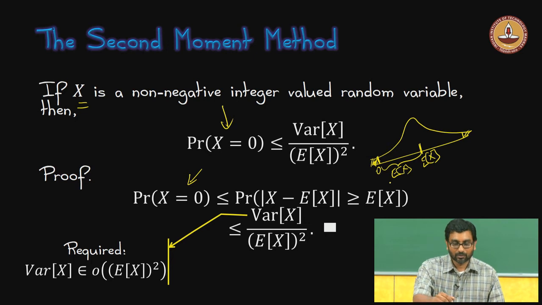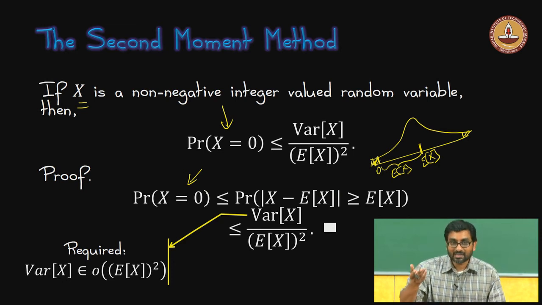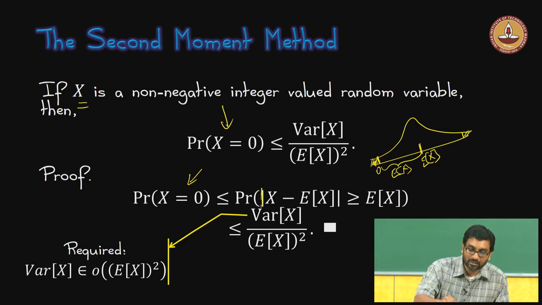Okay. So, you can basically write this x equal to 0 event as a subset of this event that says the absolute value of x minus e of x is greater than or equal to e of x. Okay.